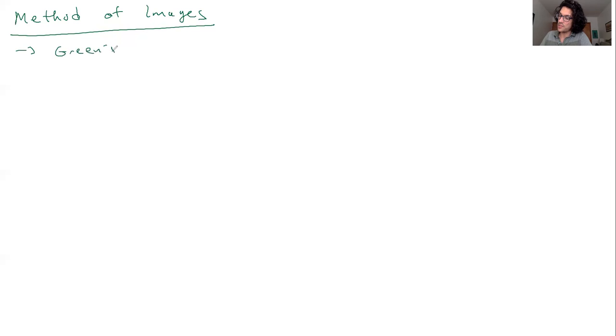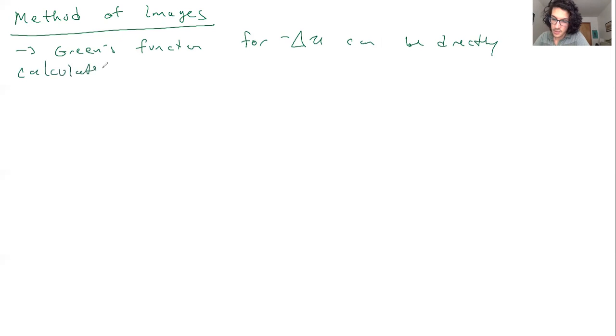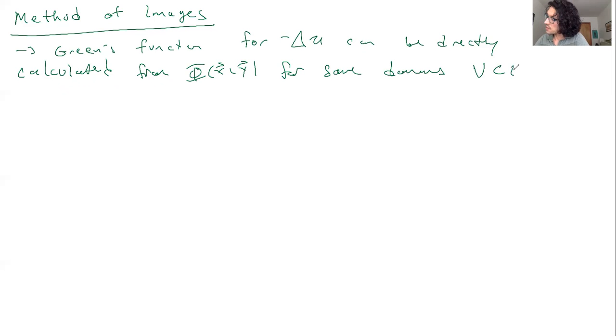The point is that the Green's function for, let's say, minus the Laplacian, can be directly calculated from phi of x minus y for some domains which are subsets of Rn.